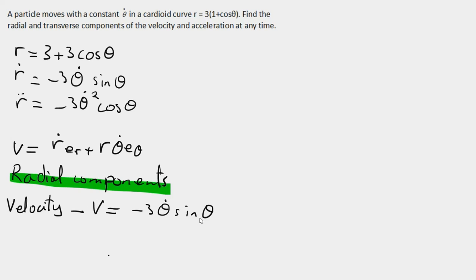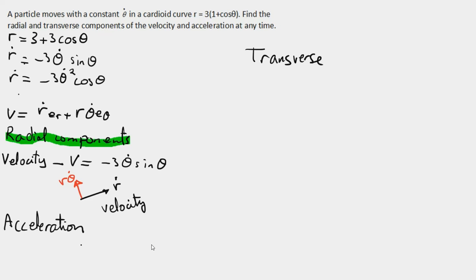If we draw the directions for the radial and the transverse, the components of the velocity will be given as shown here. For the radial acceleration it's r double dot minus r theta dot square.